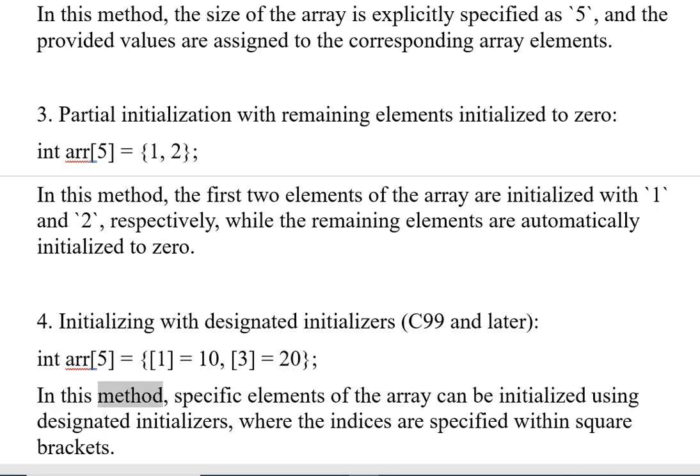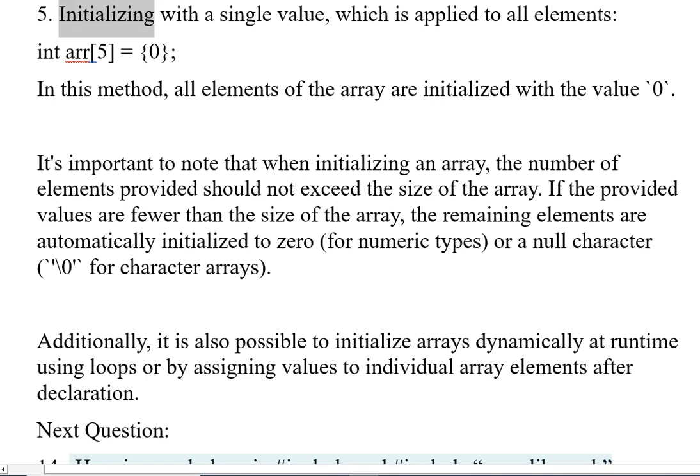In this method, specific elements of the array can be initialized using designated initializers, where the indices are specified within square brackets. 5. Initializing with a single value, which is applied to all elements. int arr[5] = {0}. In this method, all elements of the array are initialized with the value 0.